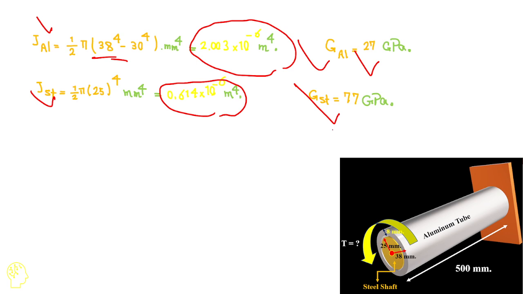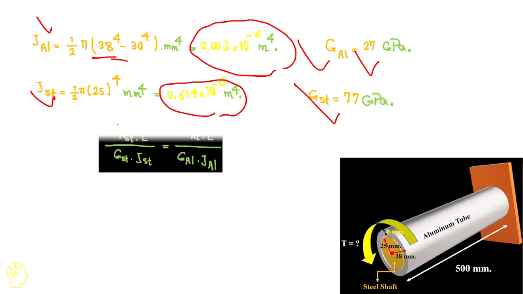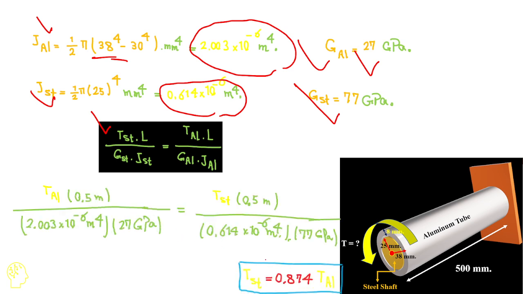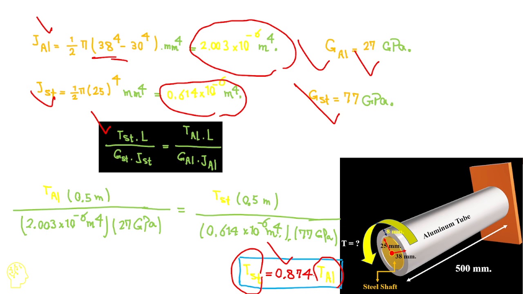The rigidity modulus of steel is 77 gigapascals. Then if you apply this equation, it gives a relation which connects T steel, or T1 for example, to the aluminum. The two materials are connected to each other with a coefficient of 0.87.